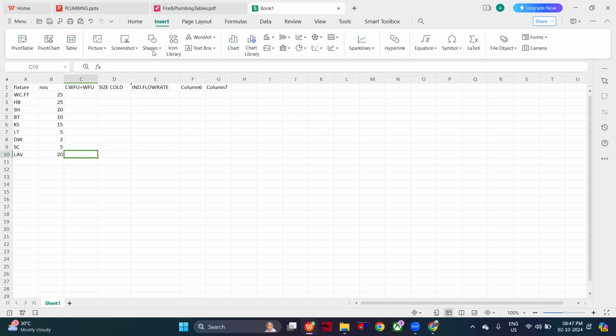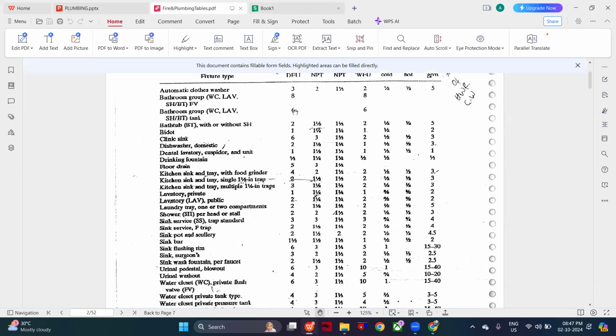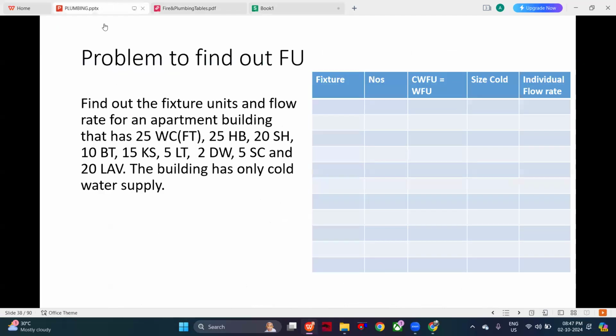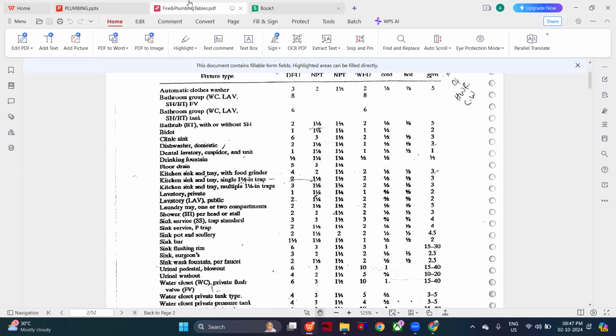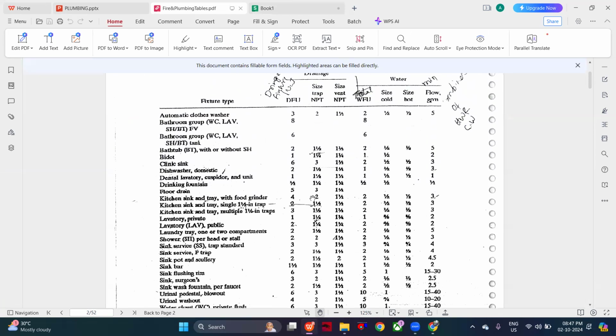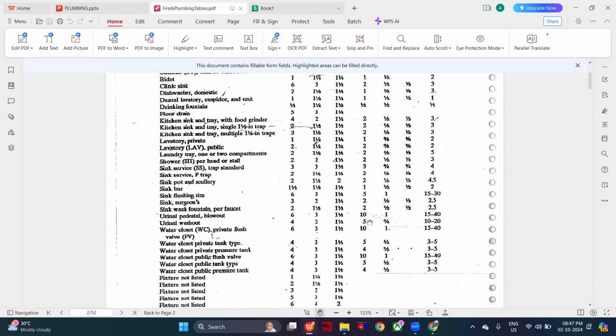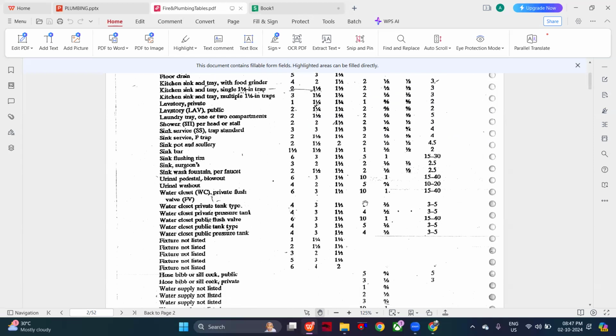We have to find out the CWFU. First, you have to find out water closet plus tank. Tank type and it's private. So WFU is 5. Private tank type.